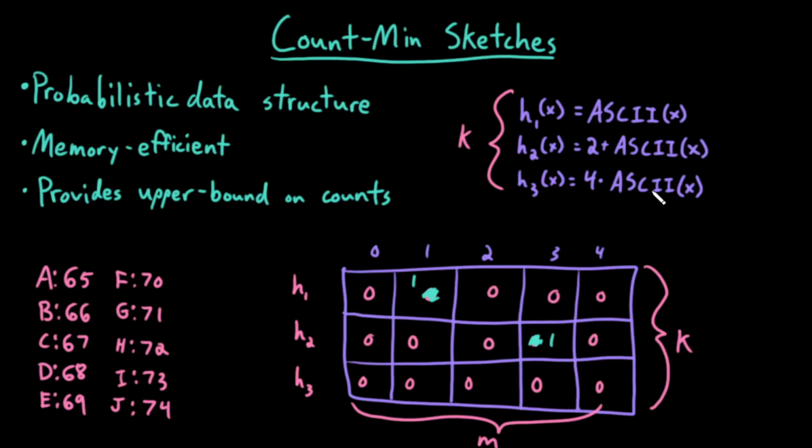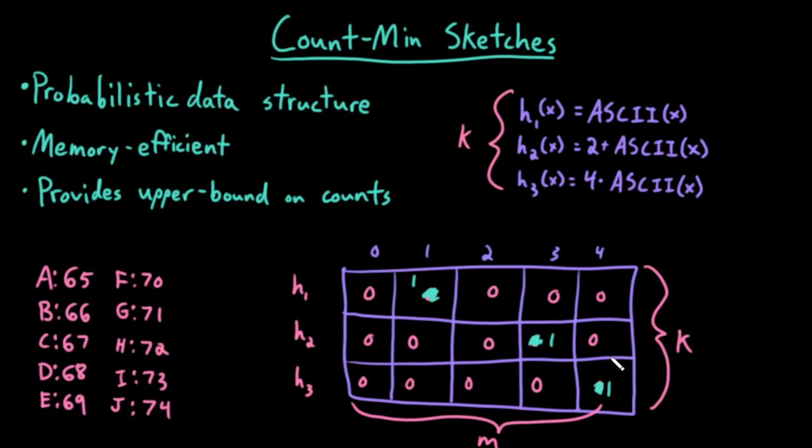Do the same thing for this one. 66 times 4 mod 5 is 4. Right? 6 times 4 is 24, so whatever it is, mod 5 is going to be 4. So I'll go to the row corresponding to the third hash function, go to index 4, and increment that as well.